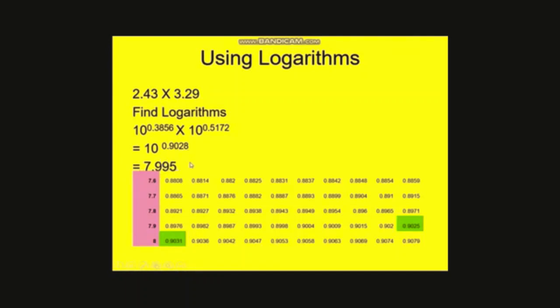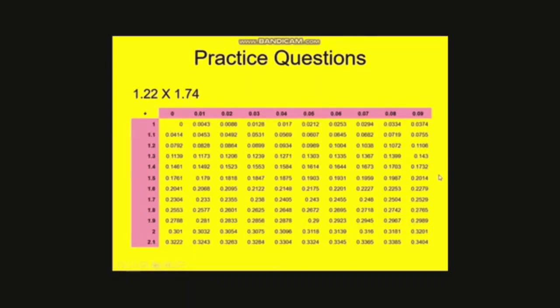So that's multiplying. Okay? It'd be good if you could have a quick practice here. So we've got 1.22 times 1.74. You'll need to find the log of 1.22 by looking it up in here.